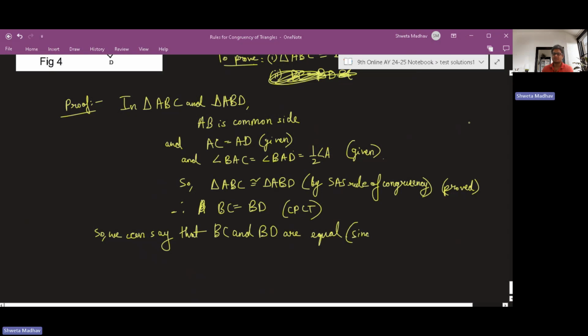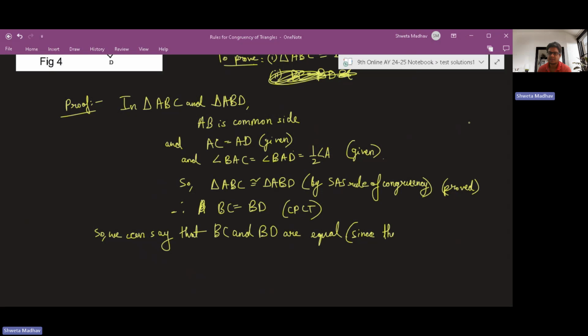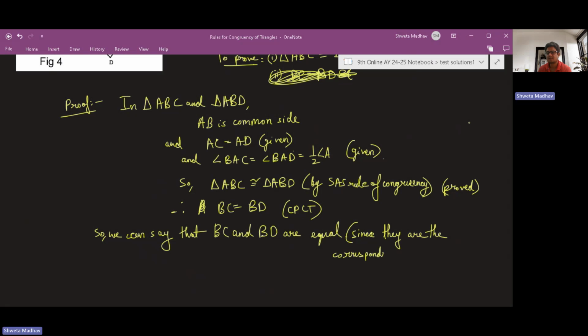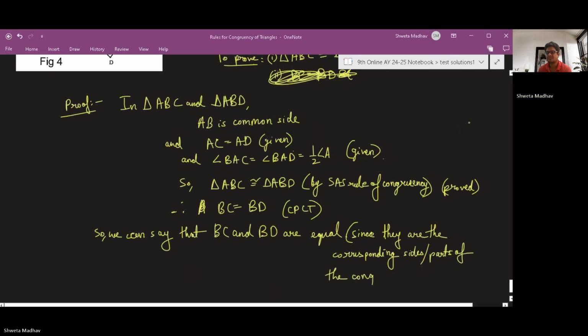The reason we should tell is that they are the corresponding parts of the congruent triangles ABC and ABD.